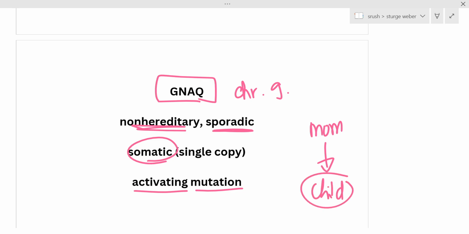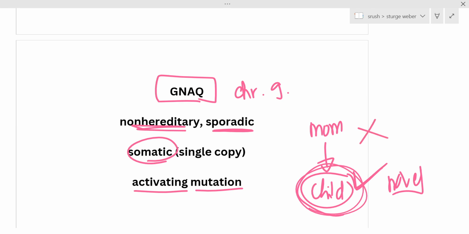It can just happen as a novel mutation and manifest in this one child. And it's possible that because it's not a germline mutation, the kid that this child will have could be normal, right? So that is the meaning of non-hereditary sporadic somatic activating mutation.